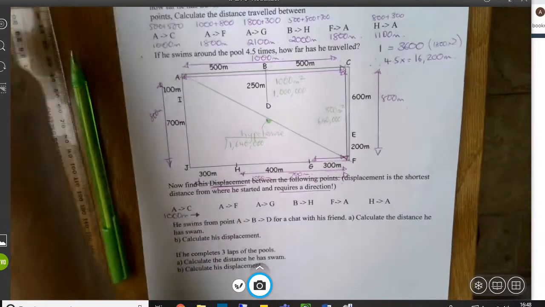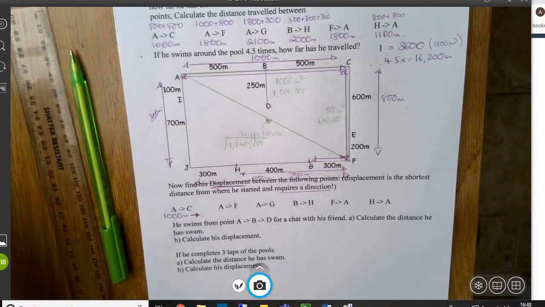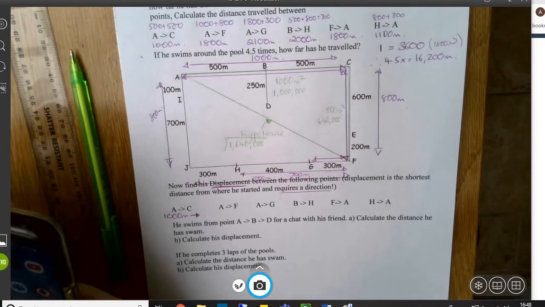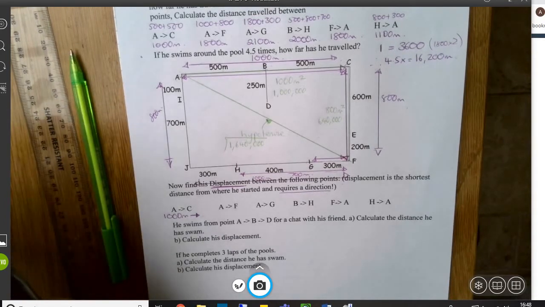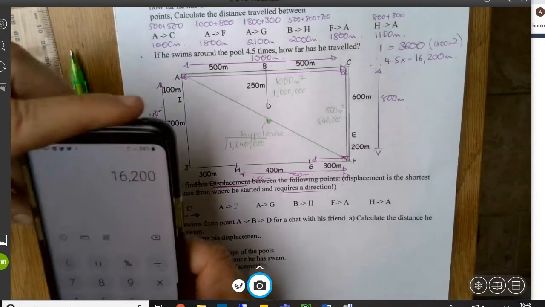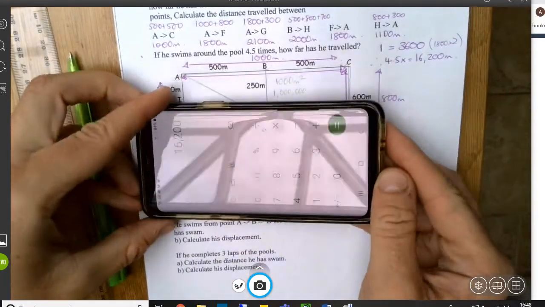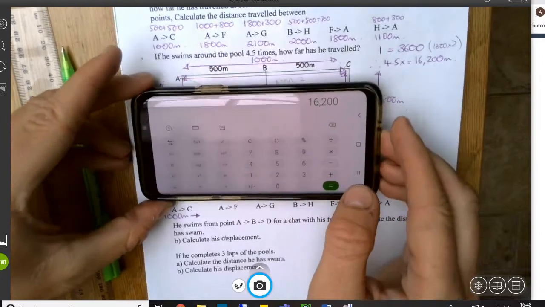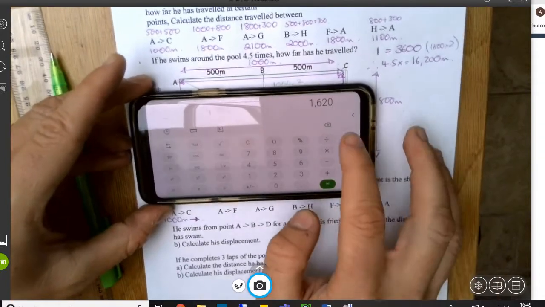If I get my calculator again, if any of you are not sure whether you've got a scientific calculator, the easiest way to find out is to turn your calculator to the side, and hopefully it should turn into a scientific one.